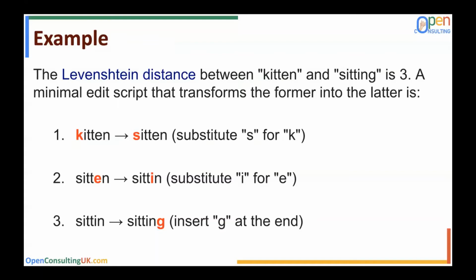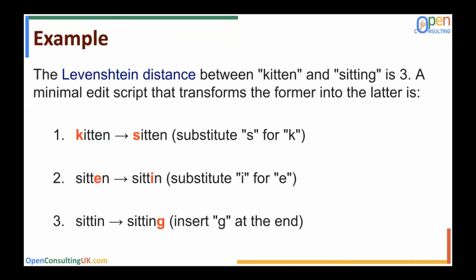So we write kitten, and the first is a substitution wherein k will be substituted with s. In the next substitution, e will be substituted with i.